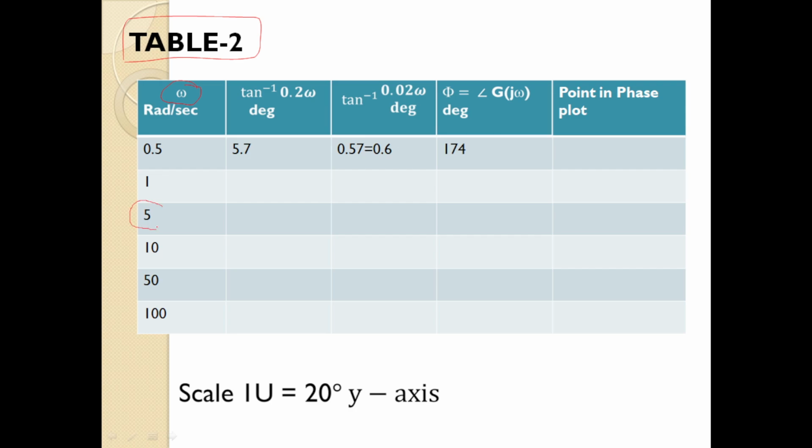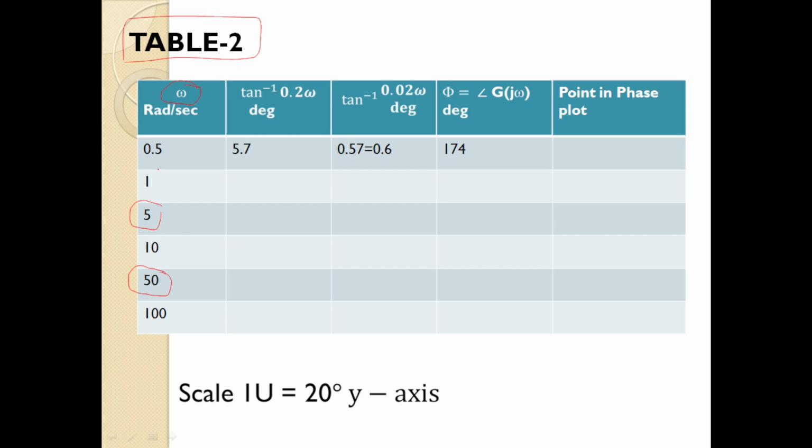Our corner frequencies were 5 and 50. I have included 5 and 50, and some values below the lowest and above the highest corner frequency. So I have assumed 0.5 and 1 below 5, some value like 10 in between 5 and 50, and above 50 I have assumed 100 also, since omega H was 100.